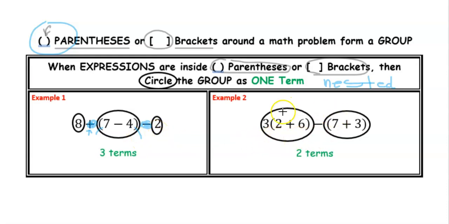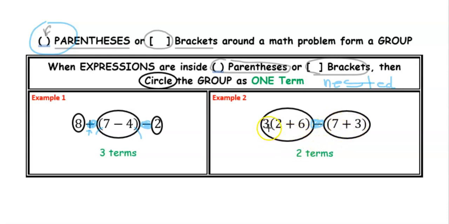When you look at this one, it looks kind of complicated because we have parentheses twice. So we have to figure out the terms. We're going to highlight the minus. We're going to leave these pluses alone because they're nested terms. They're inside those parentheses. The parentheses around that plus addition problem make that one term, and this one term.